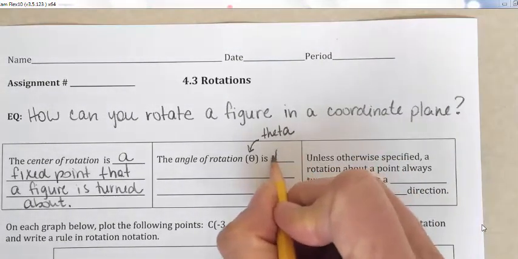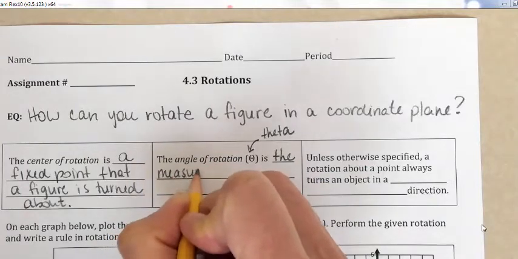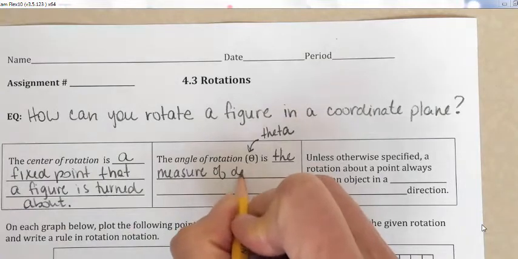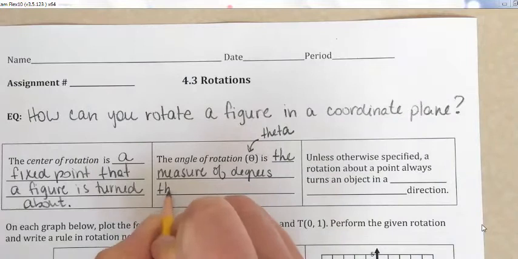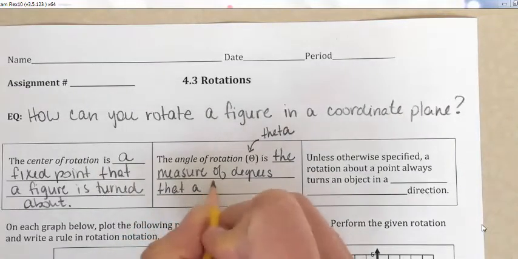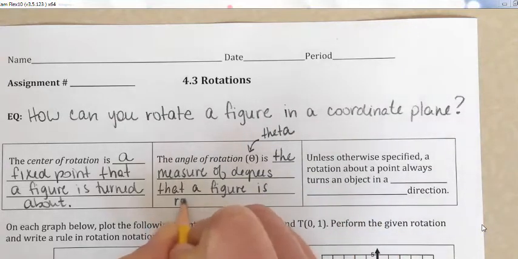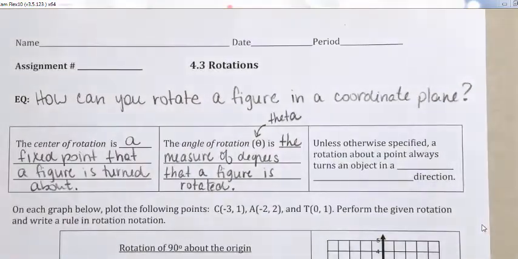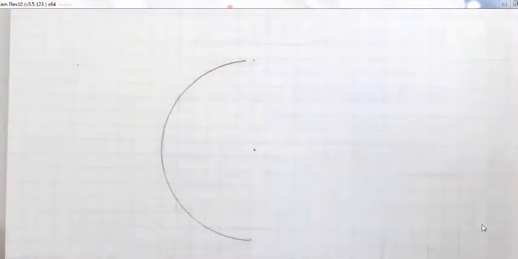So this is the measure of degrees that a figure is rotated. So for example, for this little example I did, I forget where the center was, maybe it was here, right?